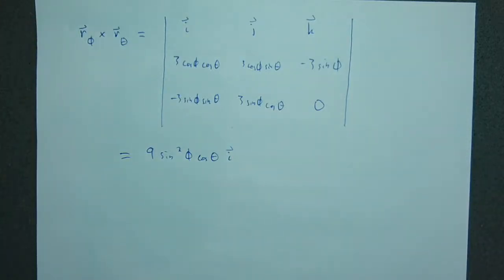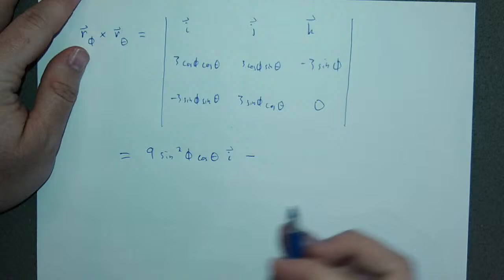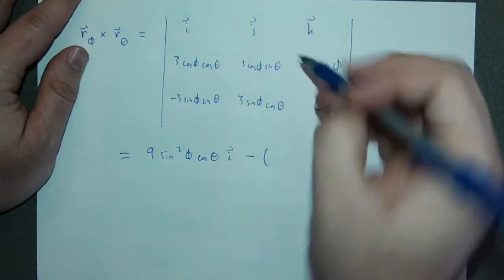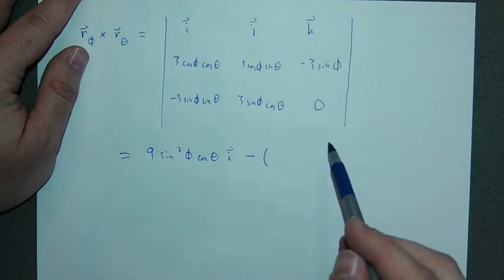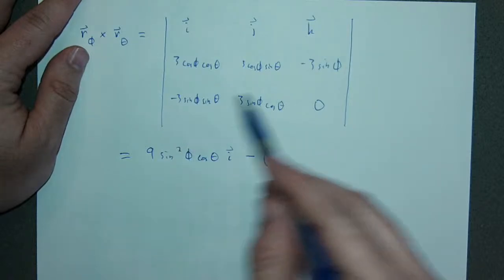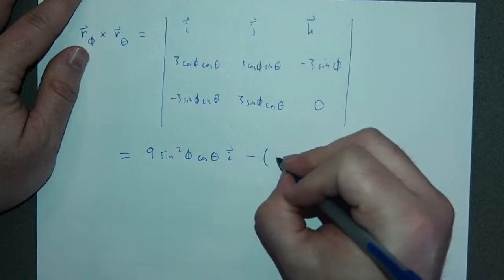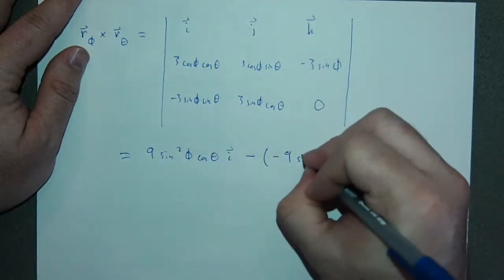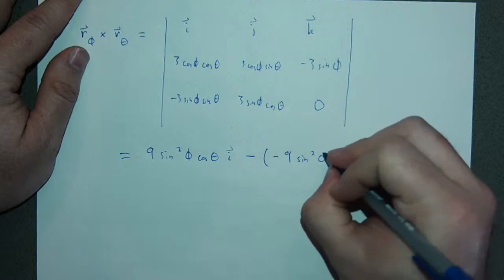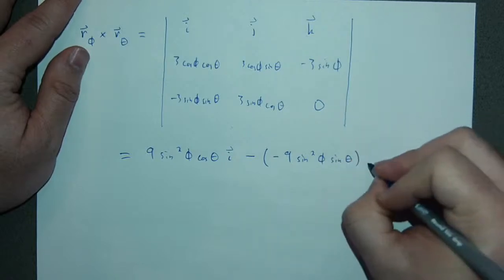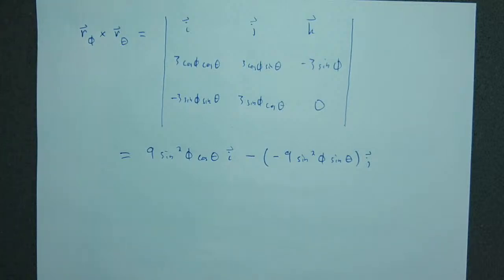Minus whatever arises here from the j slot. This is going to be 0 times, minus, minus, minus. So again, minus 9 sine squared phi sine theta j.